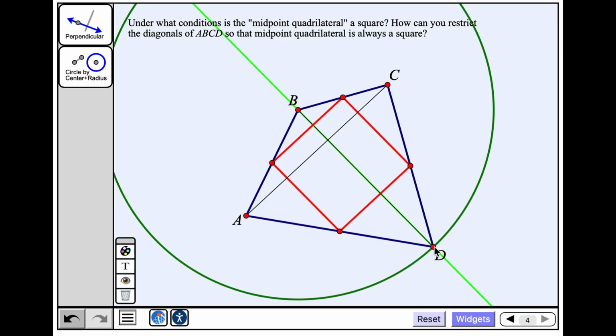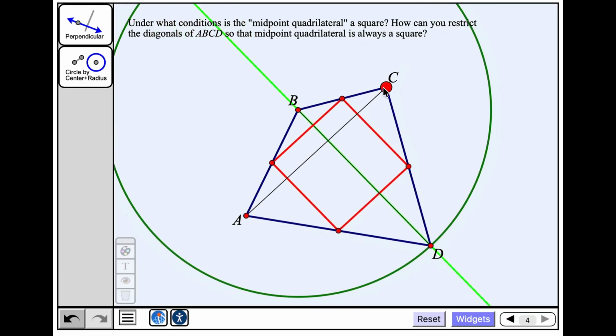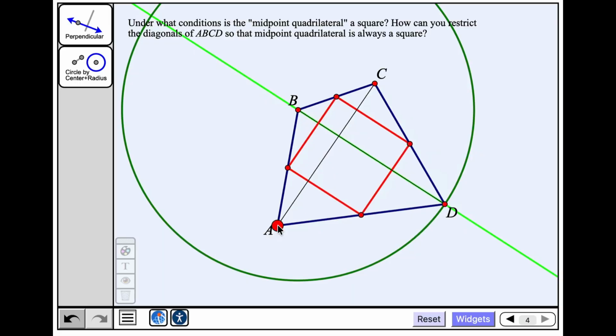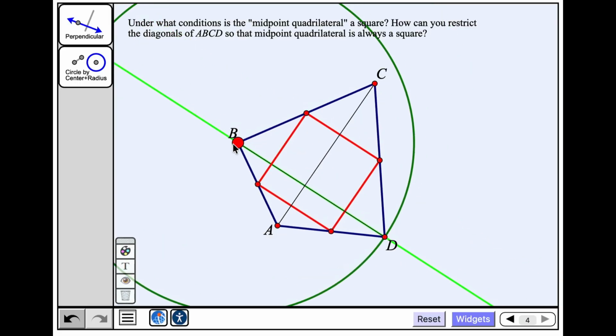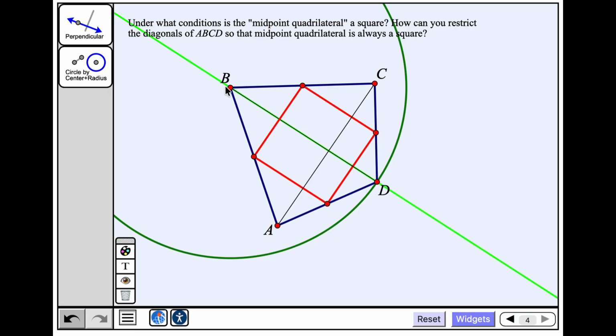So I'll let go right there. And now I claim that this red quadrilateral is a square. And no matter how I drag these four vertices of A, B, C, D, I have not only a parallelogram, but a square.